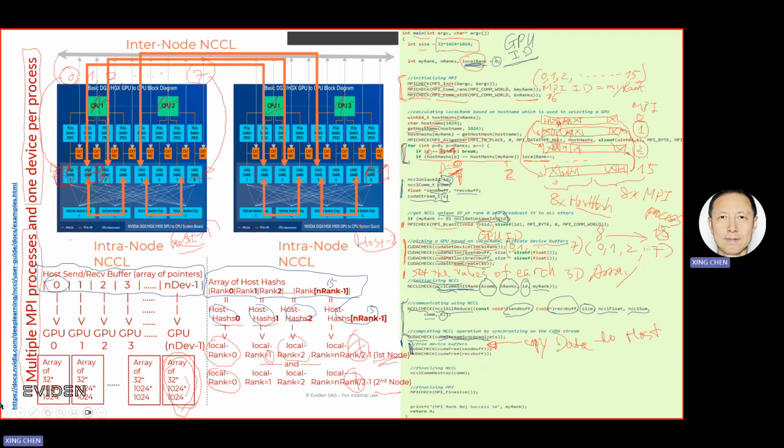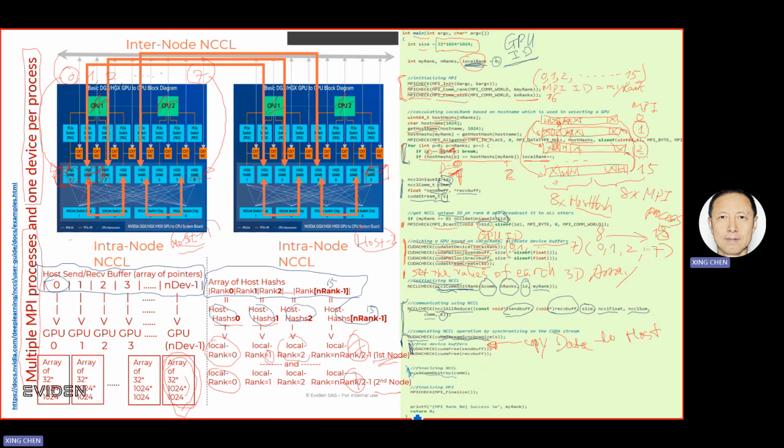What you need to do is destroy your NCCL communicator, because you have built up this NCCL communication structure. You need to use the finalize function call. I mean, you need to finalize the NCCL communicator, the communication structure. You need to destroy it.